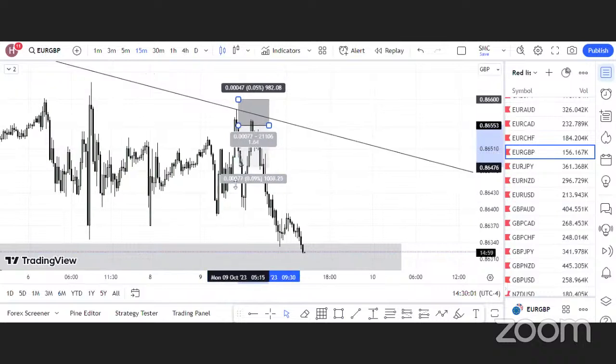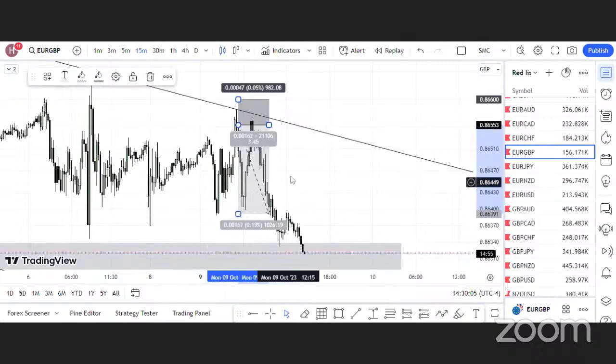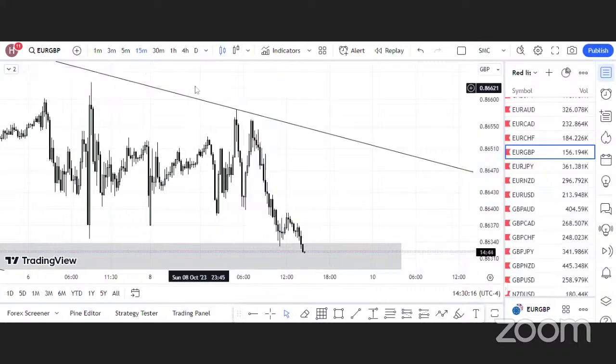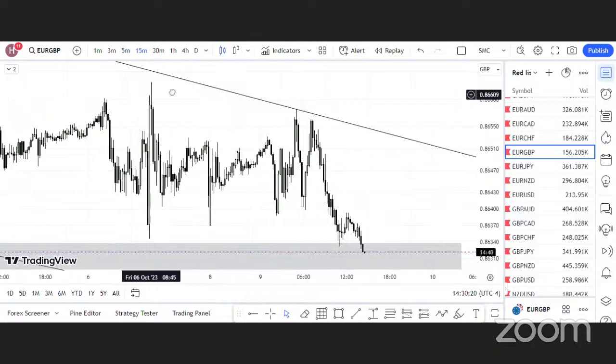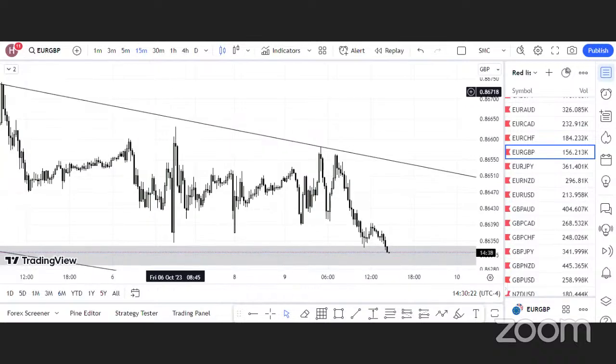I'll just target that and see what happens. You see, the market came to take profit, and my risk to reward is very high. I'm risking 1% to make 3.54%. So see how it's very useful to use an appropriate time frame for appropriate analysis.